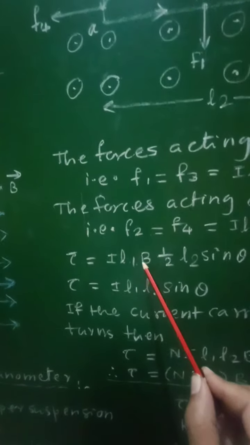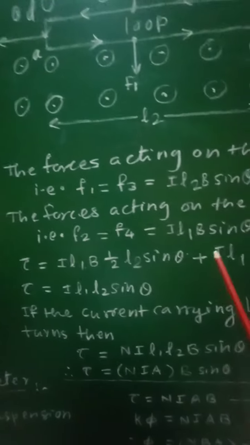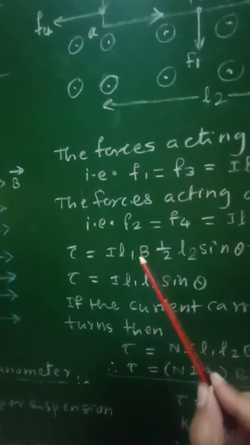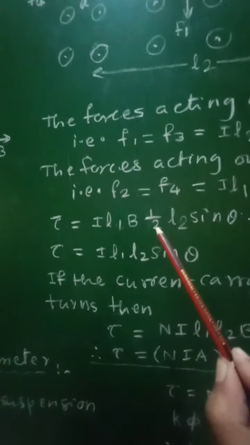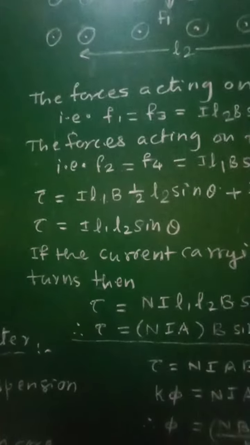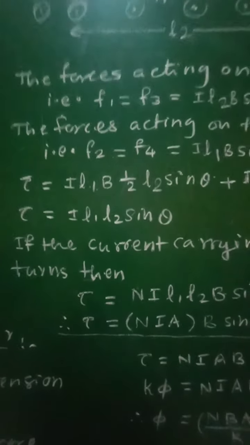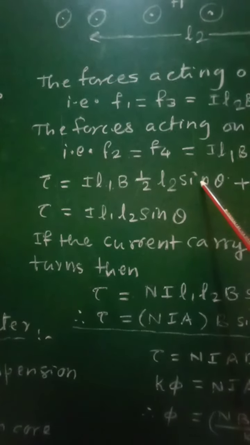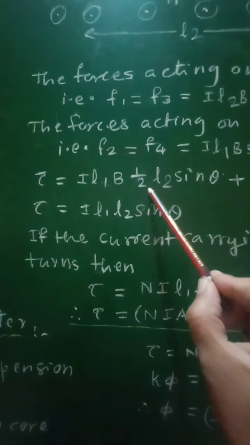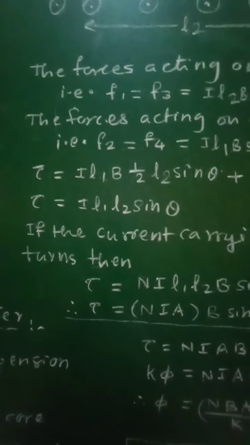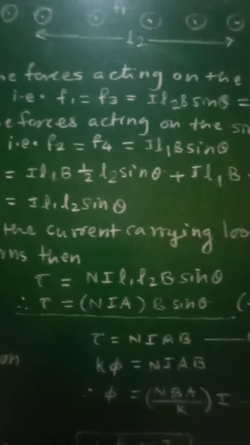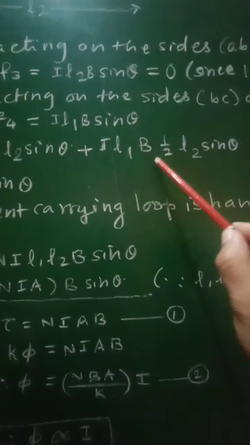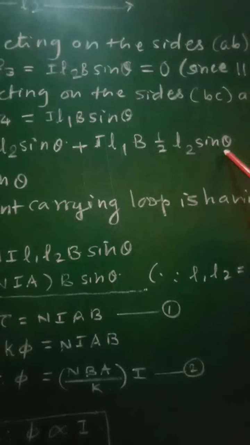this will be torque due to F2 plus torque due to F4, and therefore that will be equal to I L1 B half L2 sin theta. In this case, I L1 B sin theta will be the force, and half L2 will give us the moment arm. Similarly, in the second case, it will be I L1 B half L2 sin theta.